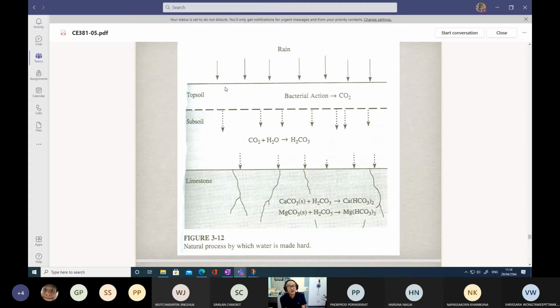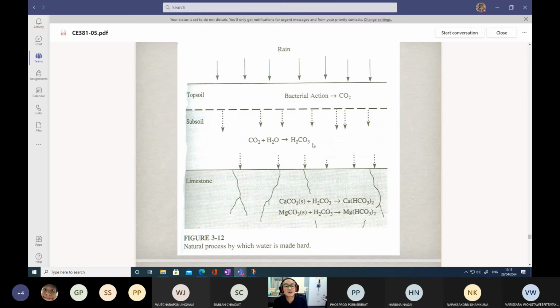Bacteria release or exhale carbon dioxide. That is why when rainwater interacts with the carbon dioxide, it becomes carbonic acid. And this one is a weak acid.